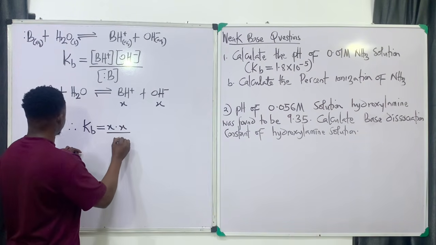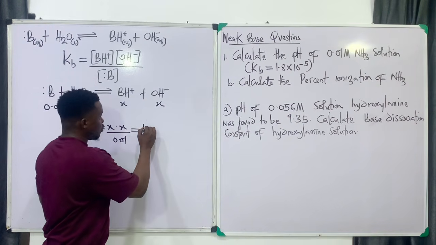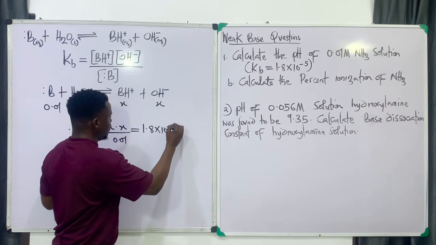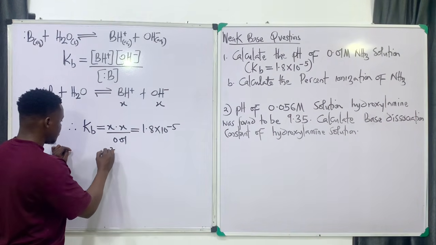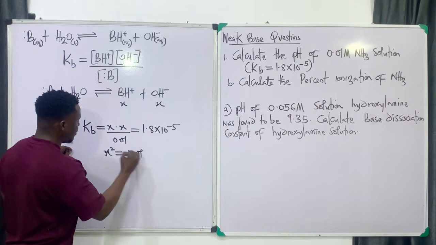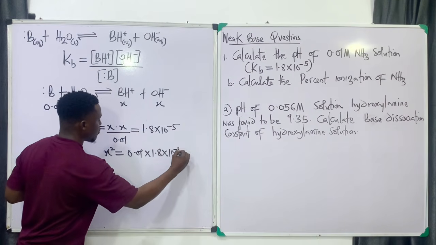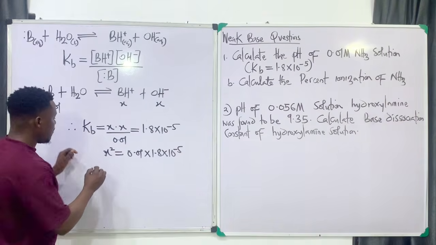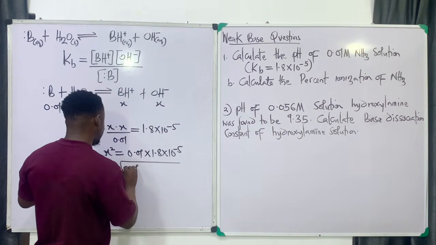And this is 0.01 equals 1.8 times 10 raised to the power minus 5. Now this is X squared equals 0.01 times 1.8 times 10 raised to the power minus 5. If you make X subject of the formula, this becomes 0.01.